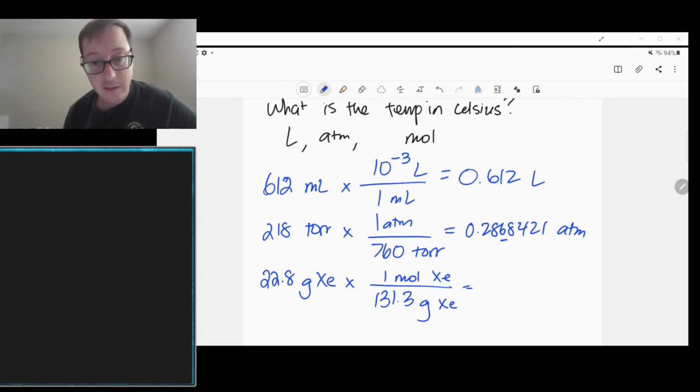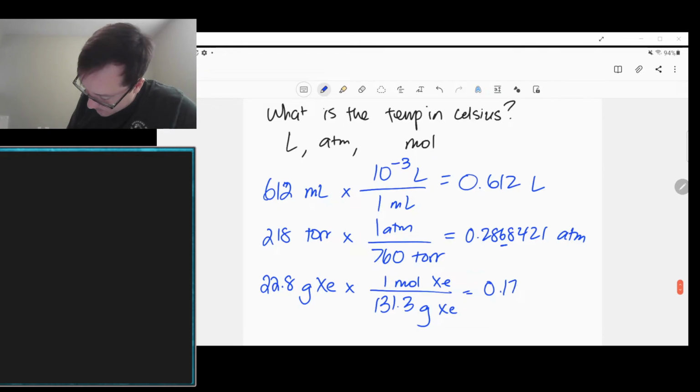In this case, the identity of the gas does matter because we're talking about mass, and each gas would weigh different amounts, right? So 22.8 divided by 131.3, this is 0.173648, and that's going to need 3 sig figs.